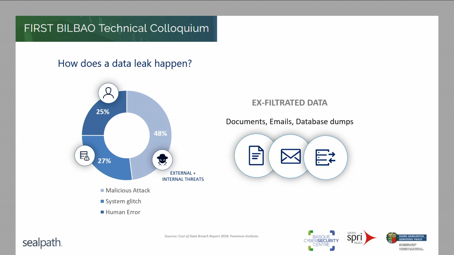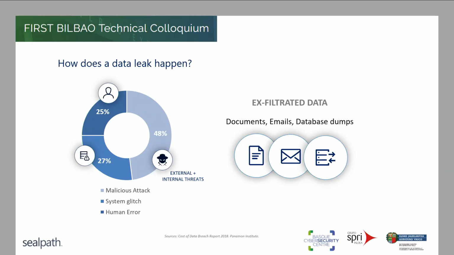You work with a lot of contractors, suppliers, etc. You can protect your networks, but your information can be at the supplier, and you don't know if an employee of the supplier is going to their parties, etc., and can bring the information with them. The kind of information that is leaked is mainly documents, files, emails, and also database dumps.